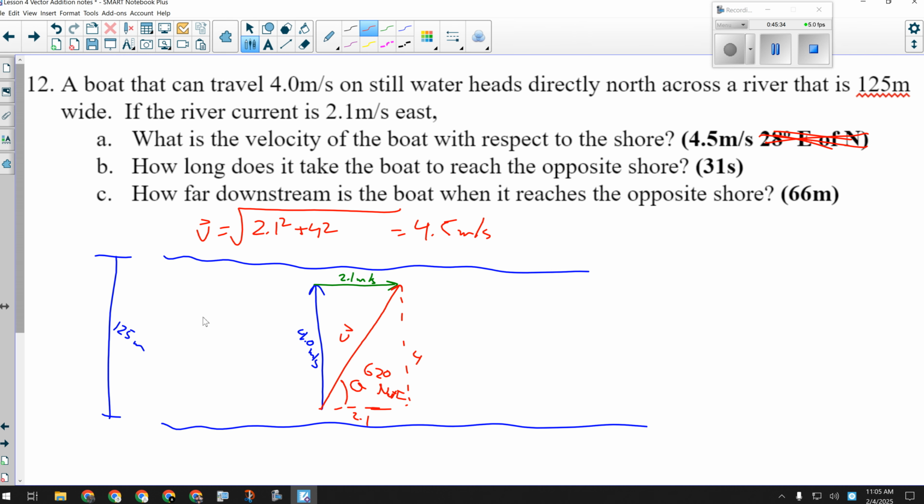Okay, now, for part B, how long does it take the boat to reach the opposite shore? Well, the opposite shore is directly ahead, 125 meters, and I'm moving in this direction at 4 meters per second. This is the velocity I use. Here's what happens to people on a test if I give them this question.